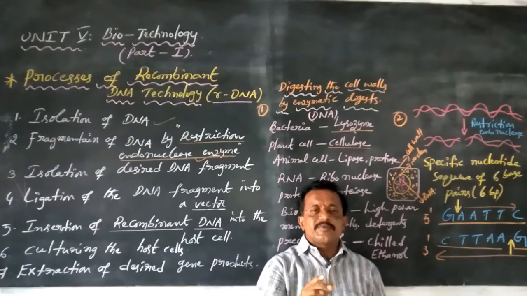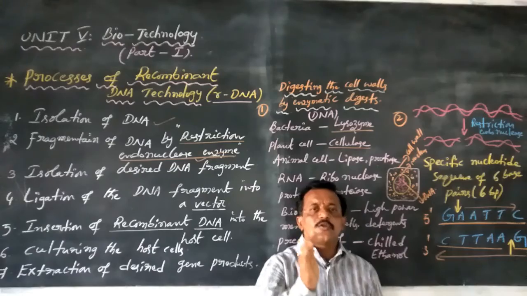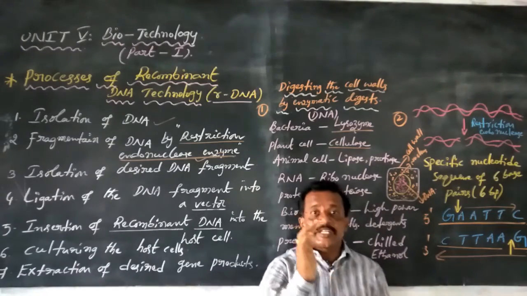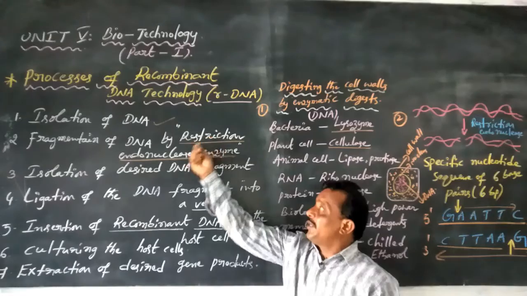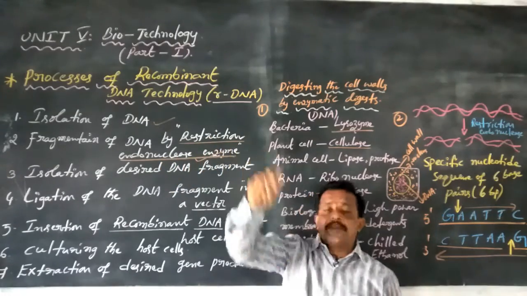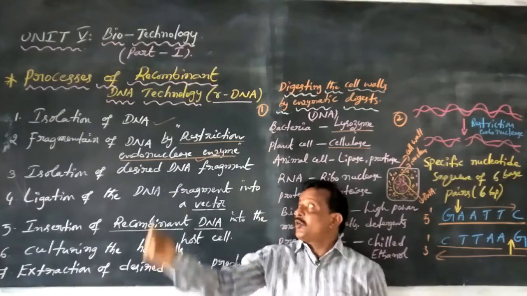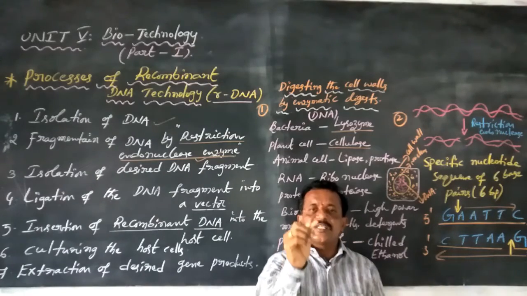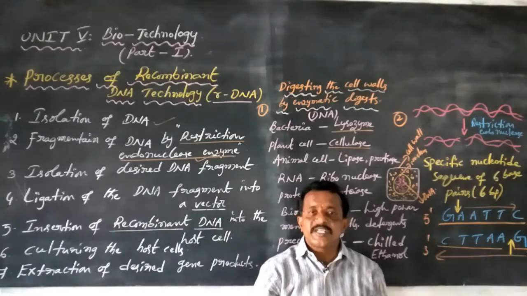Restriction enzymes belong to a large class of enzymes called nucleases. These nucleases are of two kinds. One is restriction exonuclease enzyme, and the second one is restriction endonuclease enzyme. The restriction endonuclease enzyme is also known as molecular scissors.